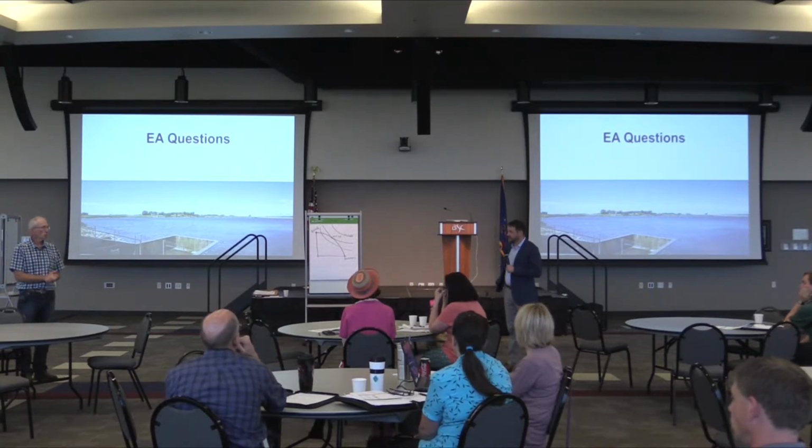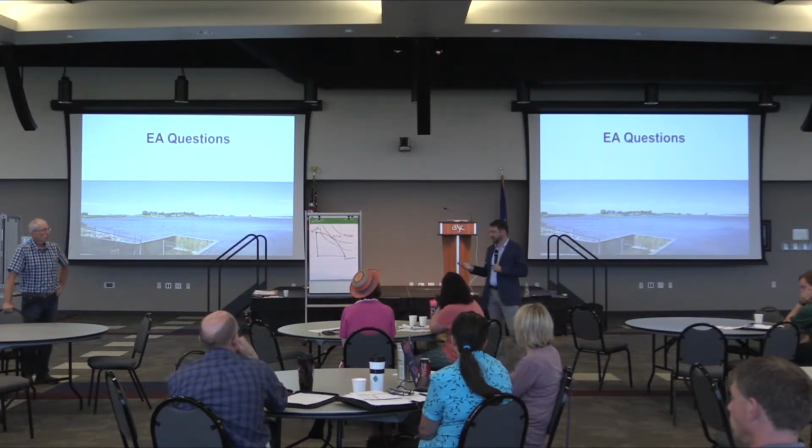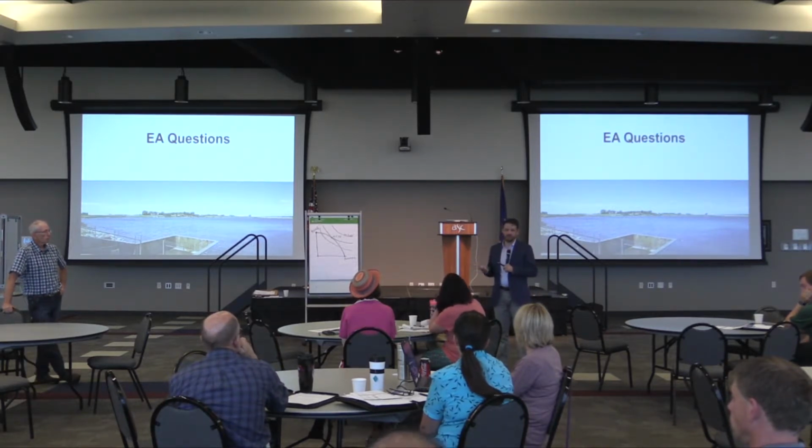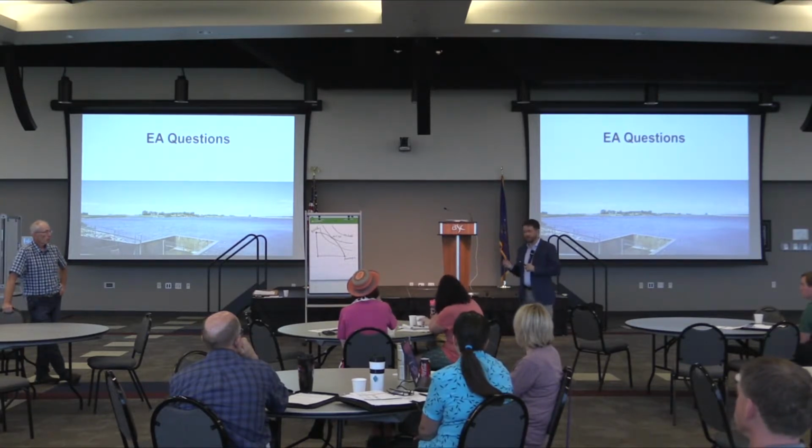Getting back to the model, we have a standardized set of values in the model that are a starting point. For example, with the environmental aspect, we have recreation values, and to avoid double counting, we cut habitat restoration out.